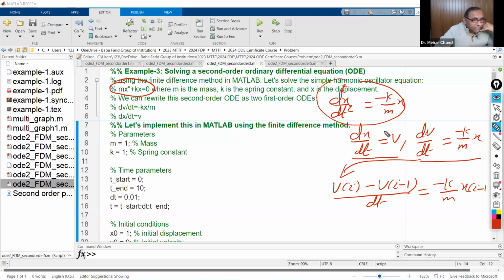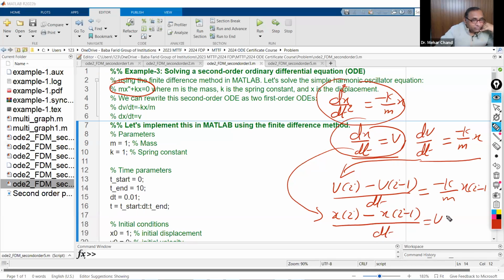And for the same, xi minus xi minus 1 upon dt is equal to vi. So you will have these two equations, and in this method we plot the graph for both the equations.